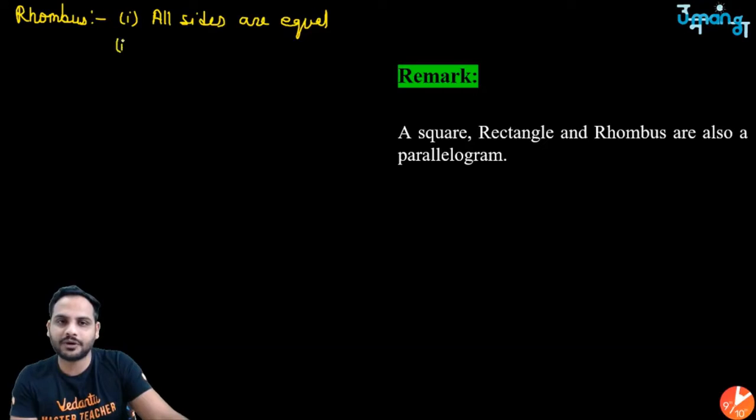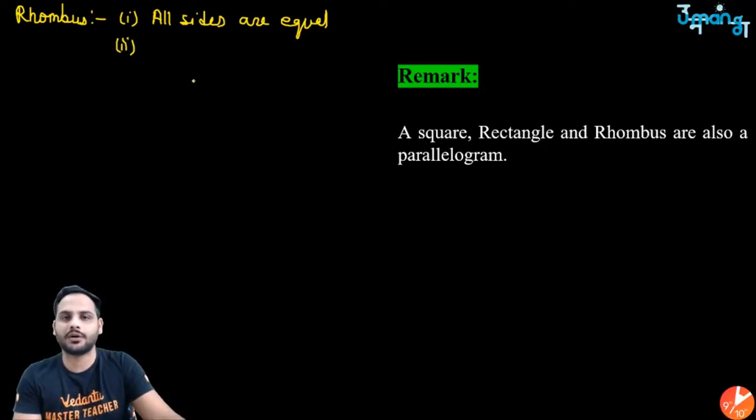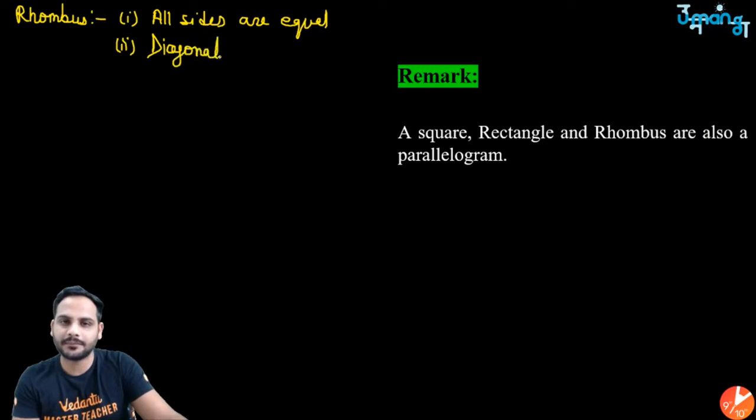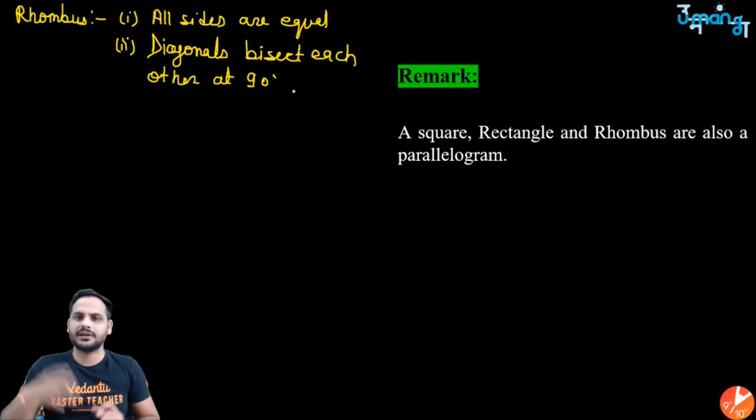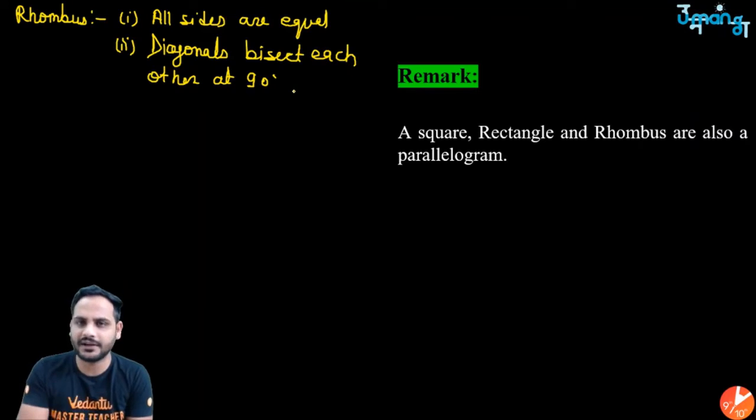One more special property which is very important for a rhombus is that diagonals bisect each other at 90 degrees. In a parallelogram, when diagonals bisect each other, the angle between the diagonals can be anything.